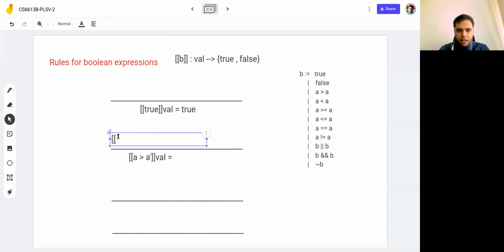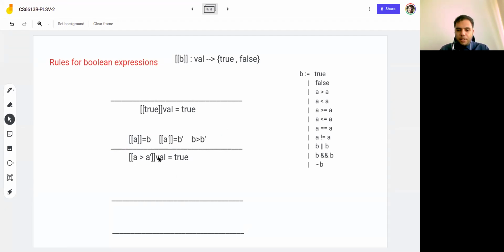If the meaning of A is B and the meaning of A prime is B prime, and if B is bigger than B prime, then this would be true. If B is not bigger than B prime, then this would be false. So we will have two rules only for this one comparison. And then we will also write similar rules for all the other comparisons.